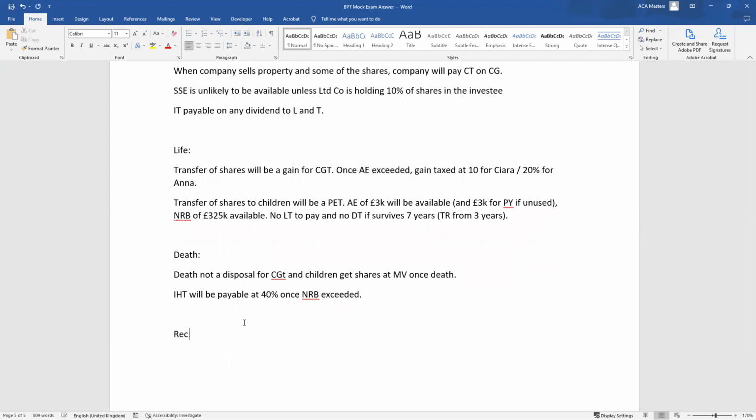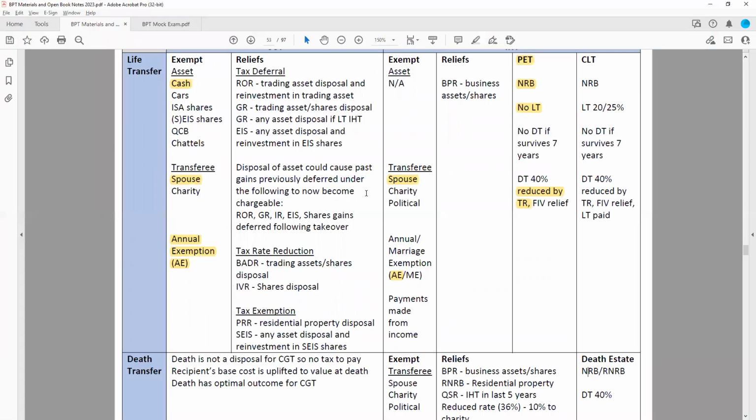So recommendation: transfer in life as likely to survive more than 7 years and avoid IHT. You could say, transfer shares gradually to use annual exemption each year. So that would be one way to do it.